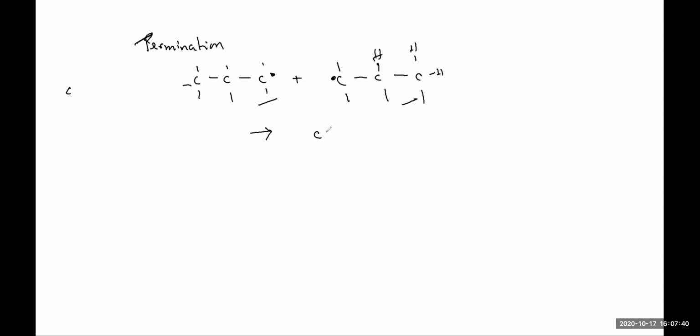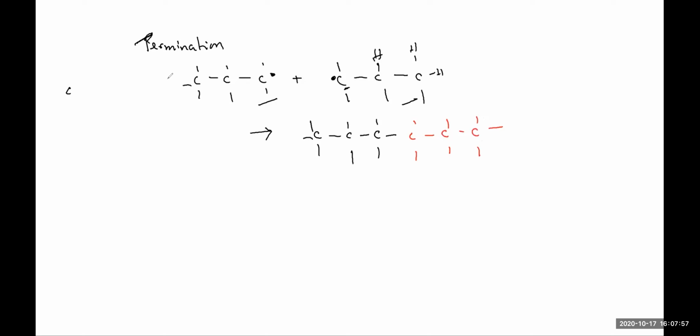So then what happens is you have a CH3, you have a CH2, you have a CH2, and this free radical is then going to join in and form CH2, CH2, CH2.